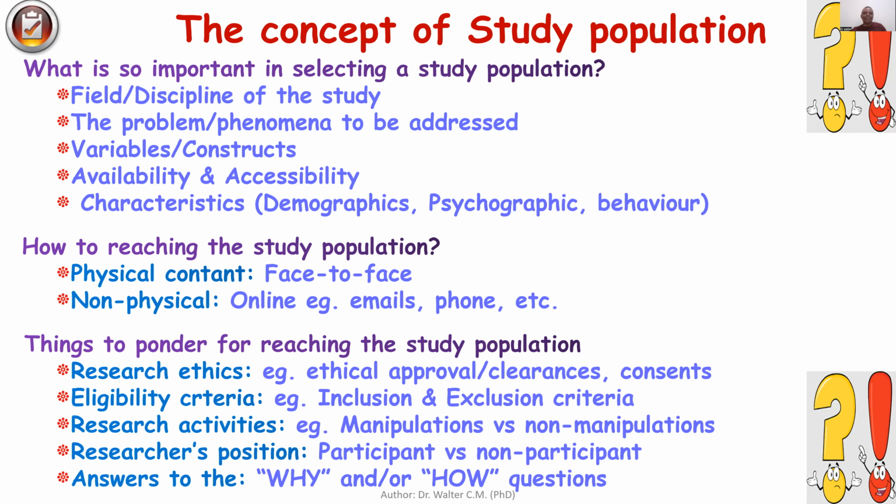And then you are forcing yourself to study healthcare workers. This will be very difficult research for you because they will be available, but not easily accessible, because they are very busy providing healthcare to patients, and they are few, one shift, one healthcare provider. How are you going to access them? And then ethical considerations will be there. So you are recommended at least to find a study population which is available and easily accessible.